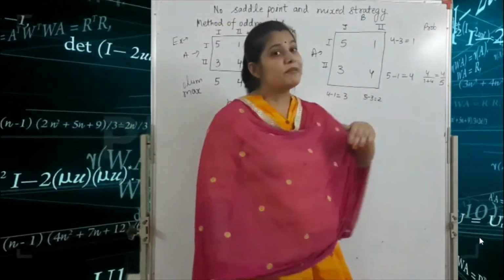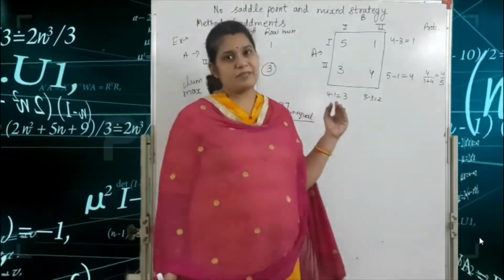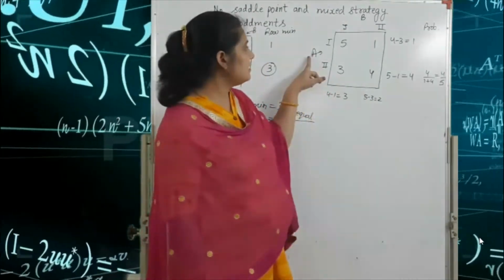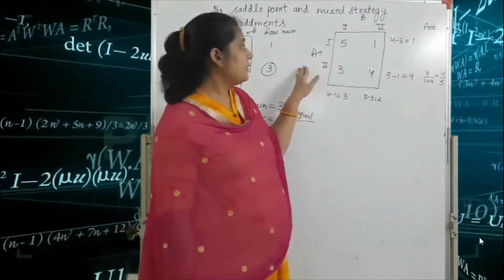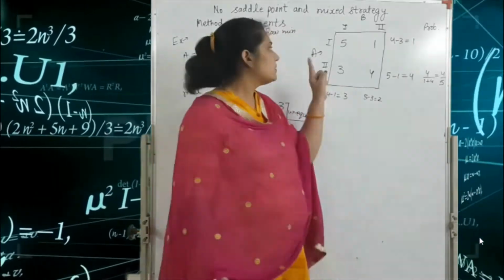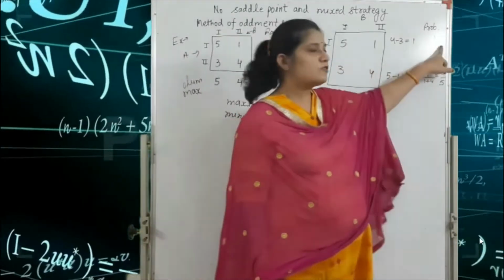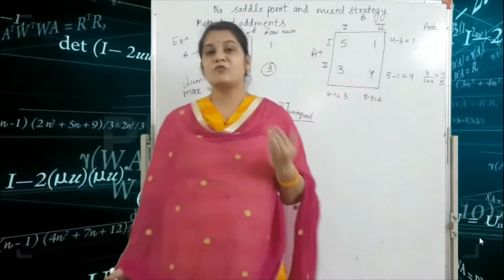And this is the mixed strategy. Why is this the mixed strategy form? Because player A has two strategies and chooses both of them, since the probability of the first strategy is 1 by 5 and the probability of the second strategy is 4 by 5.